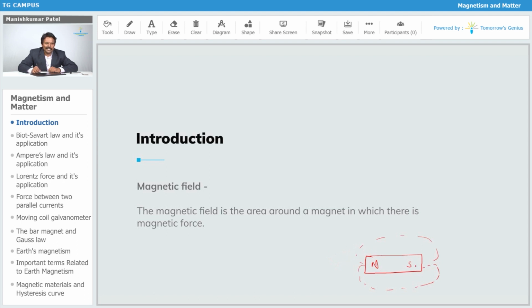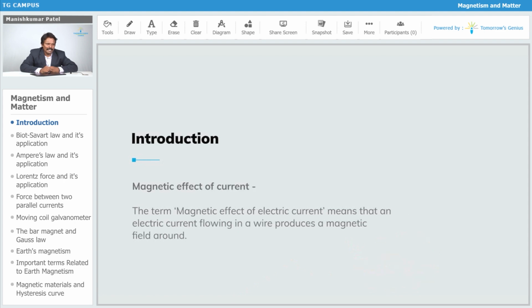So it is a region around this magnet where other substances will experience some force. This field around the magnet we are going to call a magnetic field, and we represent this field with the help of magnetic lines of force. So that is about the magnetic field.